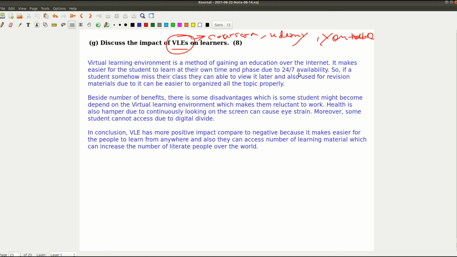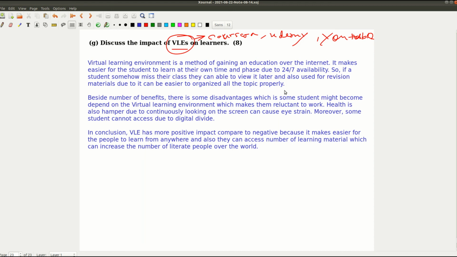So you don't need to attend your tutorial at a specific time. If a student somehow misses their class, they can view it later, and also use it for revision material. Compared to the class and compared to online, you can easily organize all the topics properly, and obviously it will be more helpful for a student who somehow missed that important class.